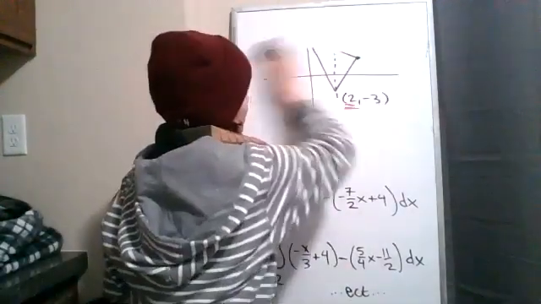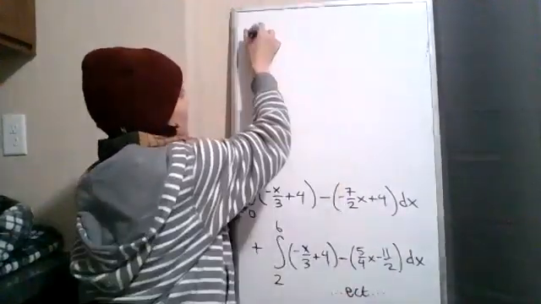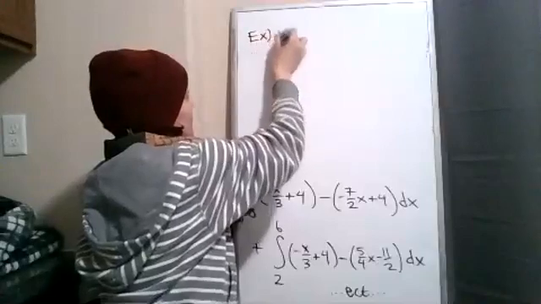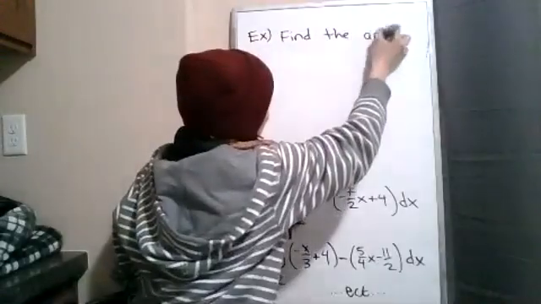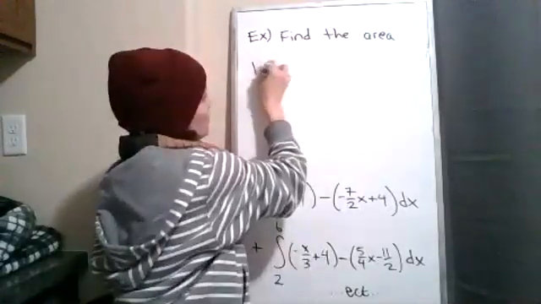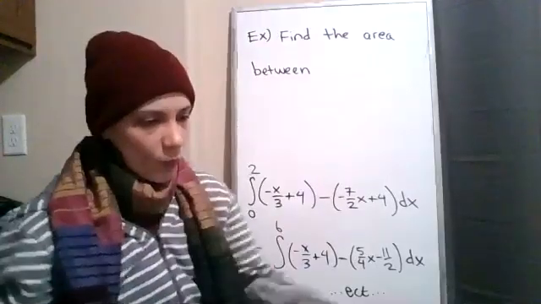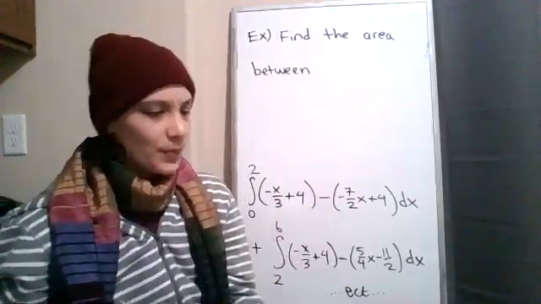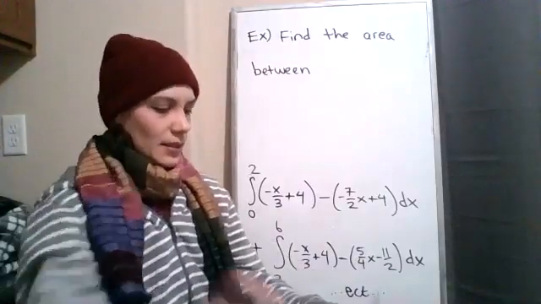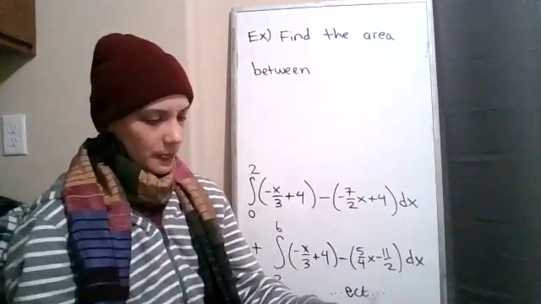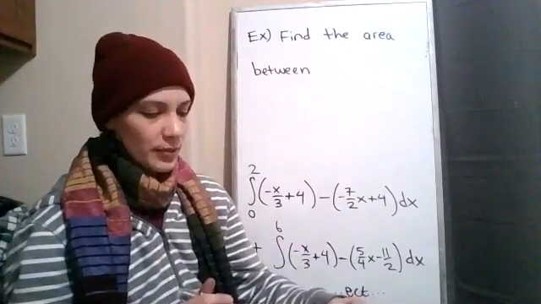Let's start. We're going to do this. x equals negative y squared plus 12 over 4.